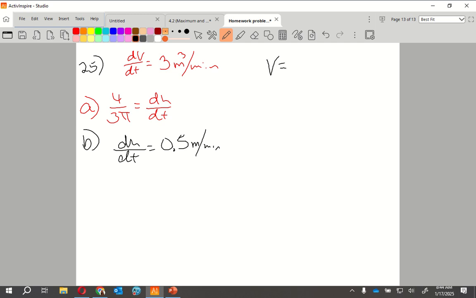V equals... I know the height, so it should have been like pi... I'm gonna have to do this one real quick because I gotta make sure it's right.